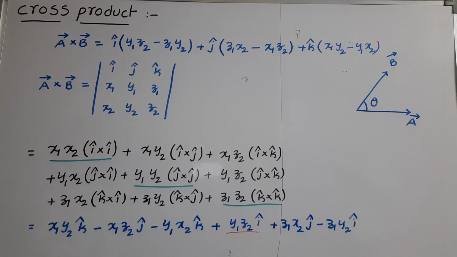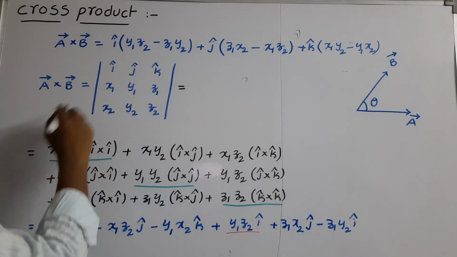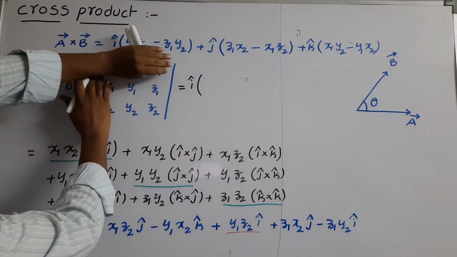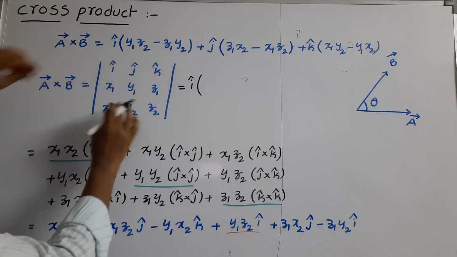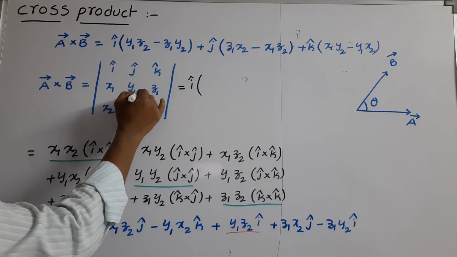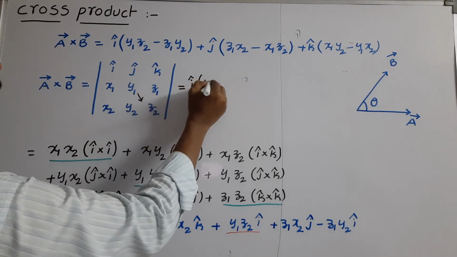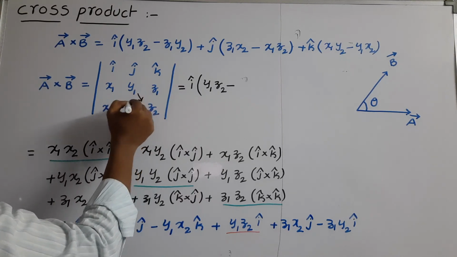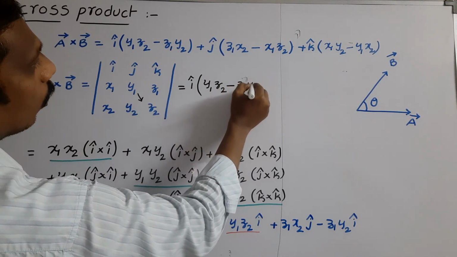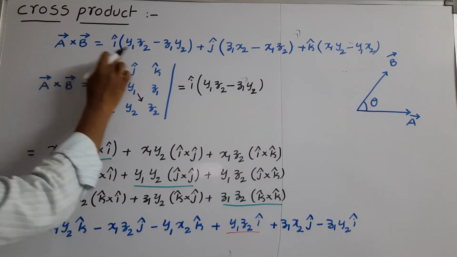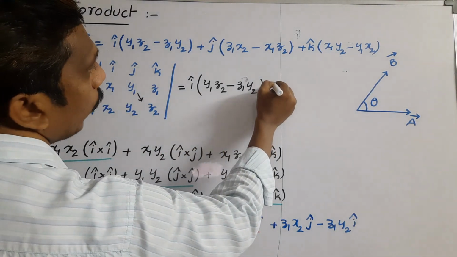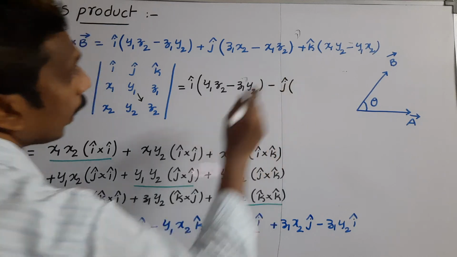Then how to multiply? That is equal to, first you take i cap into, leave this column and row. We get only 4 elements, cross multiply. So we get y1 z2 minus, here we multiply like this, reverse order, so z1 y2. Next j cap: if you take plus j cap, but I am taking minus j cap.